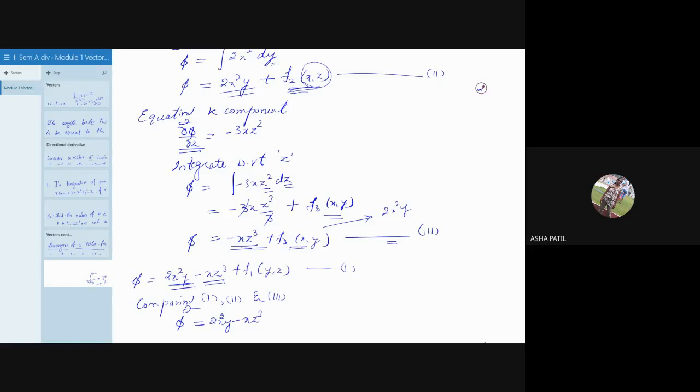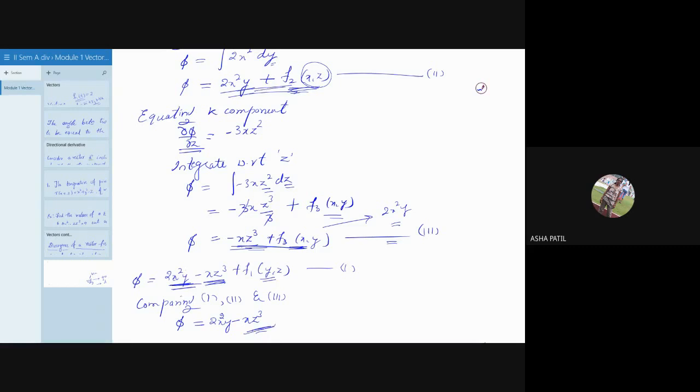And any other term remaining? No? So actually we have taken 2x²y minus xz³, and f1 of yz. Is there any function of yz remaining in the other two equations? You can check. No. And if you write f3 of xy as this term, 2x²y, you will get back the same φ.